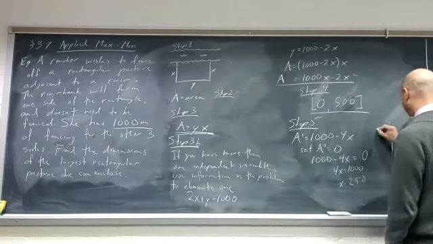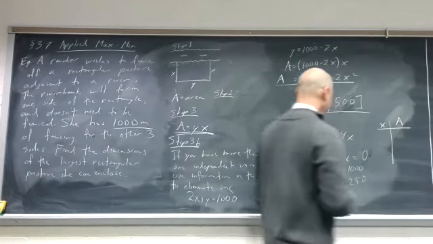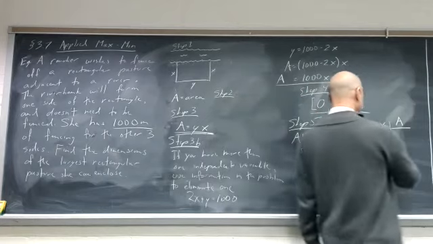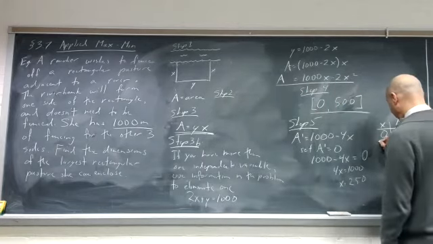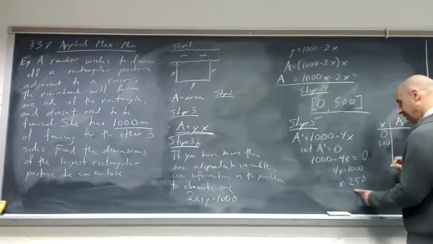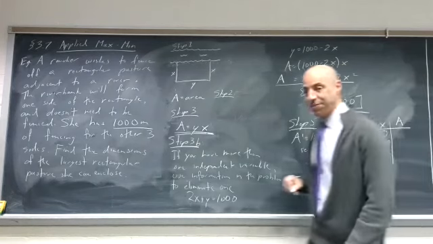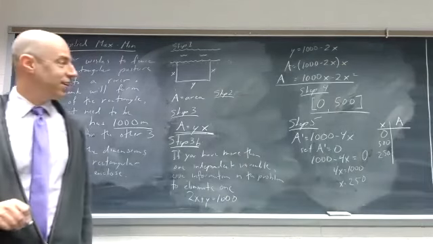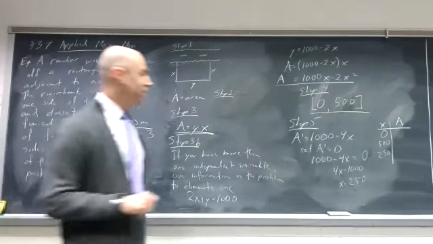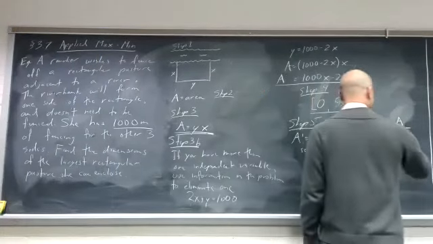Make your chart. We're going to plug in both endpoints, 0 and 500, and this critical point, which happened to be right in the middle, but we saw from our first example, that's not always going to be the case. You plug in 0, you get 0.